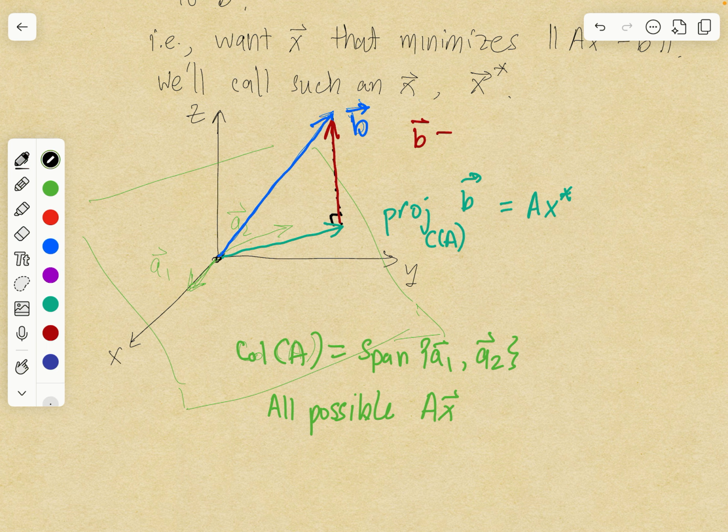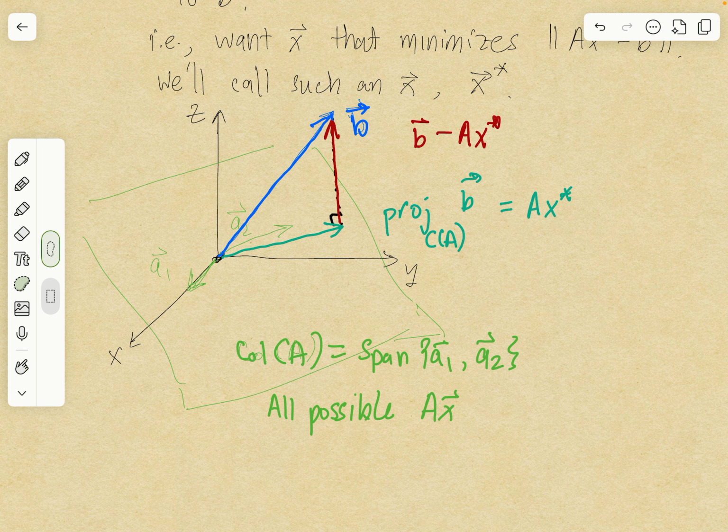B minus A times x star has the property that it's orthogonal to the projection of B onto the column space of A. Right? This vector is orthogonal to this vector.